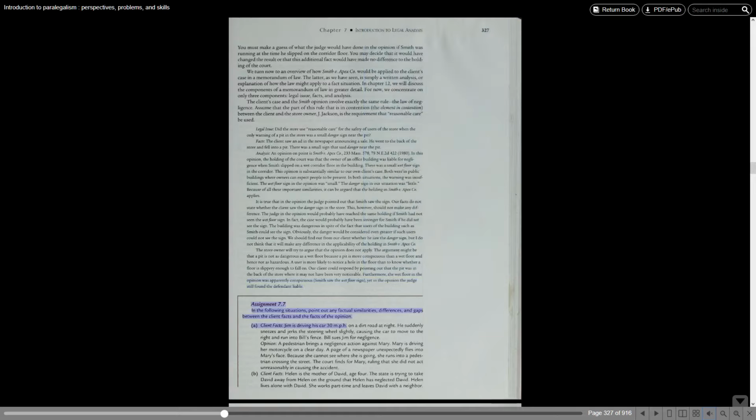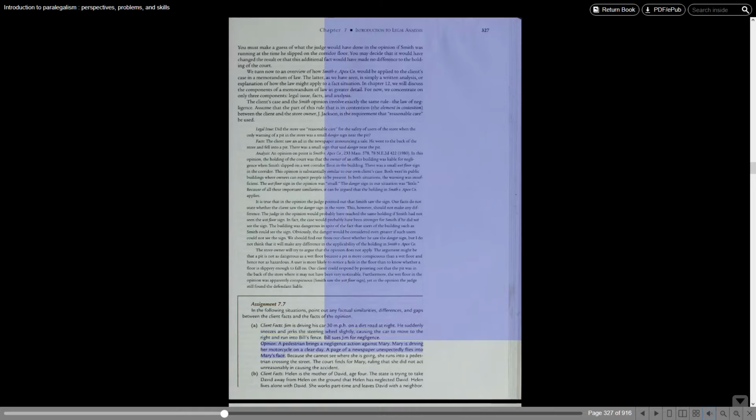Assignment 7.7. In the following situations, point out any factual similarities, differences, and gaps between the client facts and the facts of the opinion. A. Client facts: Jim is driving his car, 30 mph, on a dirt road at night. He suddenly sneezes and jerks the steering wheel, slightly causing the car to move to the right and run into Bill's fence.